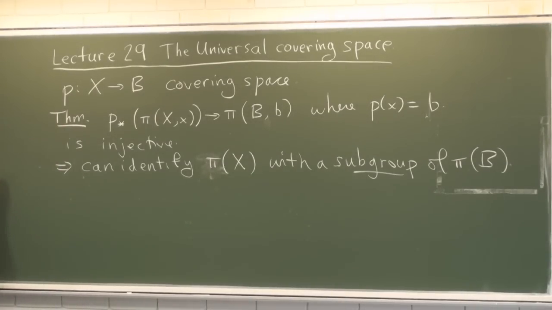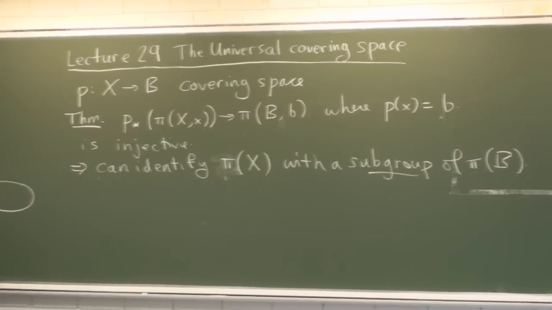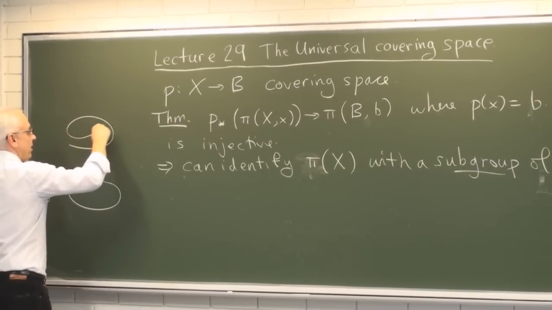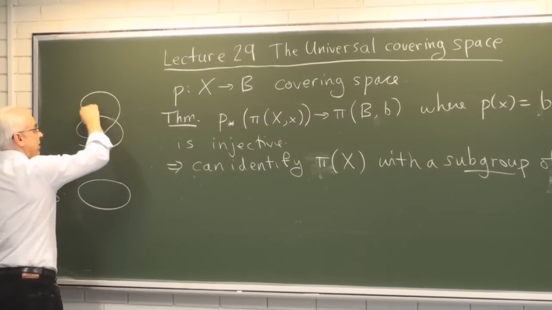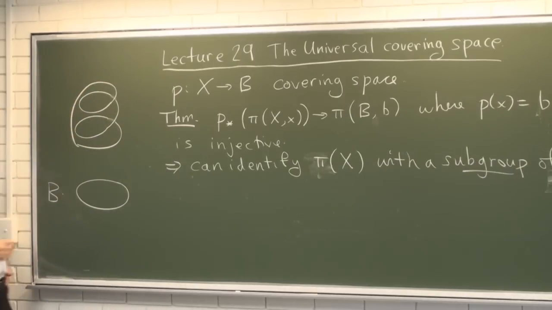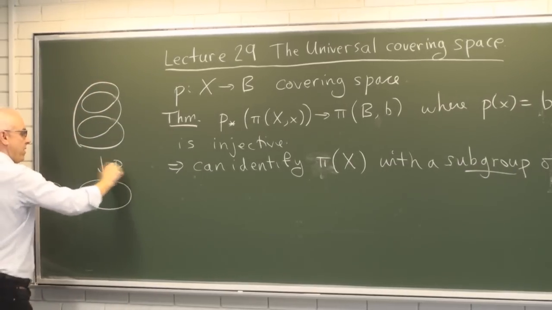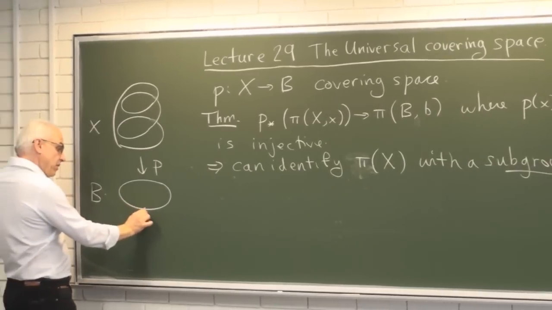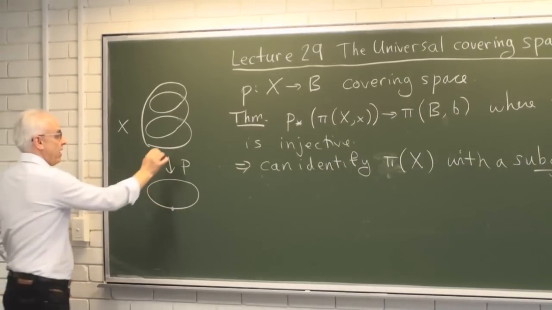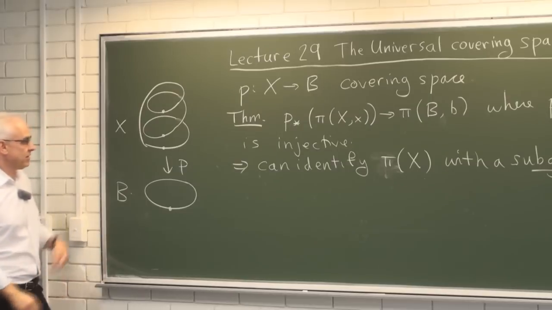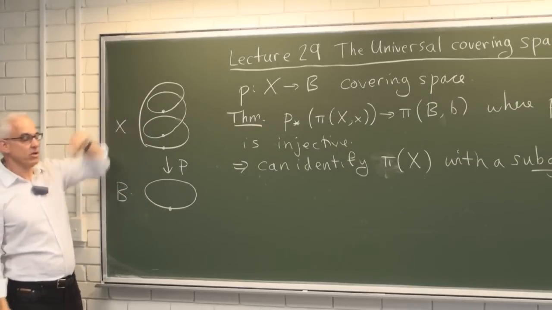So I guess the simplest example is when we have our familiar circle as the base, and we choose some finite cover of it. Let's say a 3-sheeted cover. So this is a cover where the inverse image of any point here has 1, 2, 3 different inverse images.